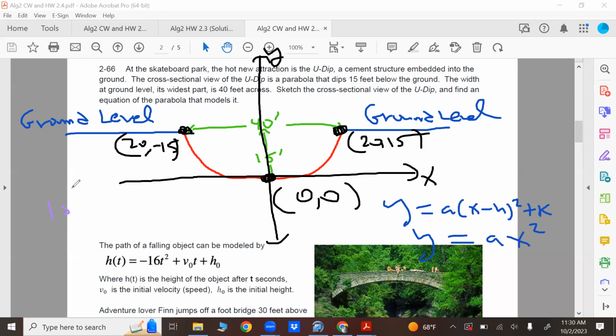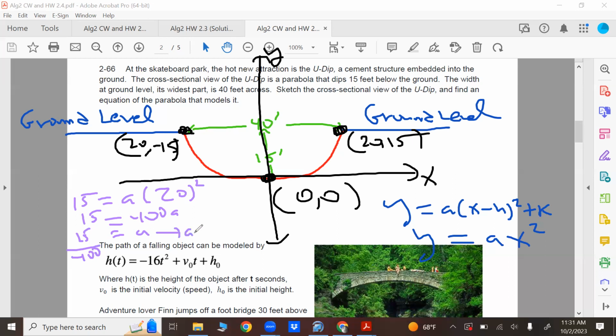15. That's not going to work. 15 equals a times 20 squared. 400a equals 15. It's opening up, so it's a positive value. 15 over 400 is your a value.